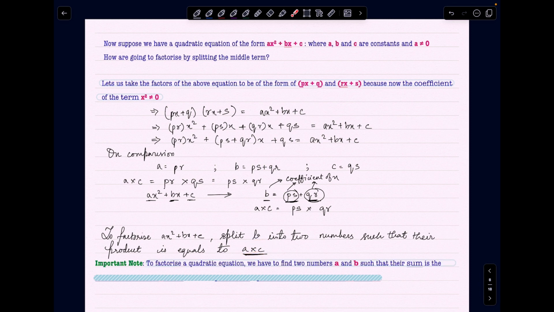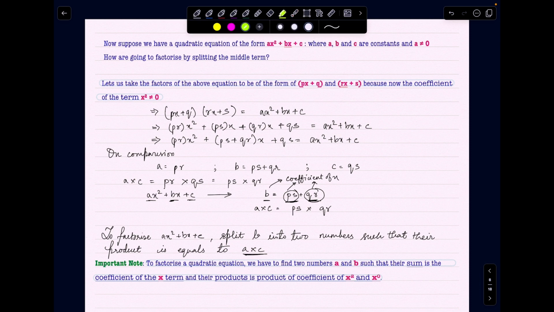So to factorize a quadratic equation, we have to find two numbers such that their sum is the coefficient of the x term and their product is the coefficient of x square into the x to the power 0 term. This thing and this thing are the same. Got my point?